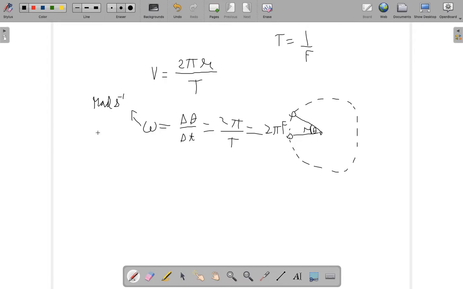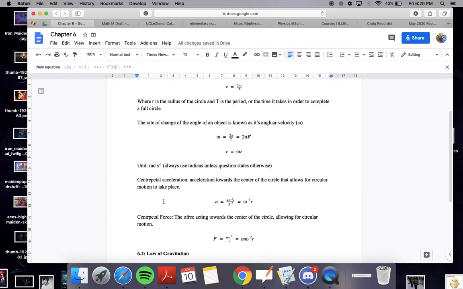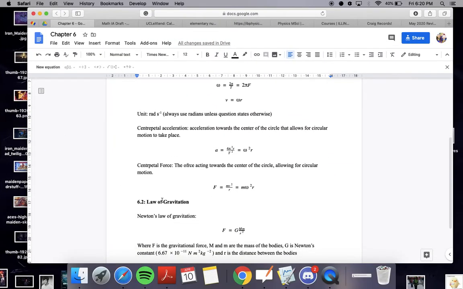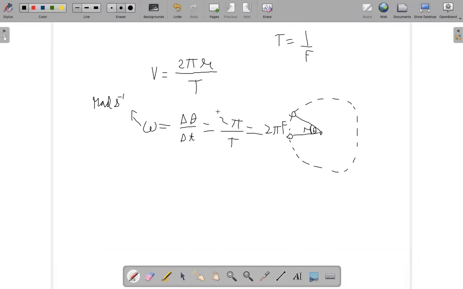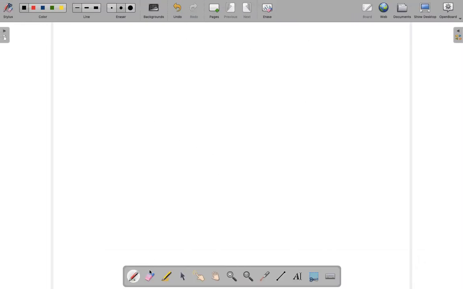Now, moving on to the next part, that is centripetal acceleration. Centripetal acceleration is the acceleration towards the center of the circle that's allowing circular motion to take place. So when an object is going through circular motion, let me just clear things out.